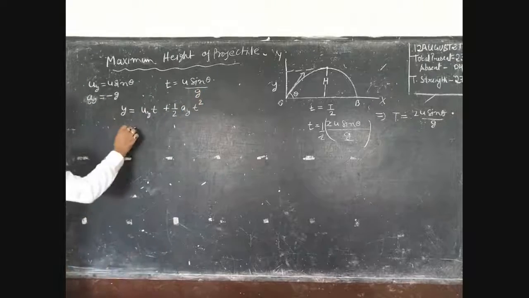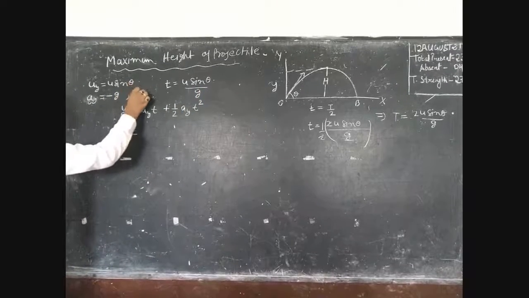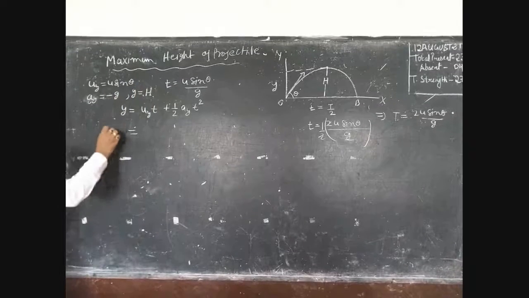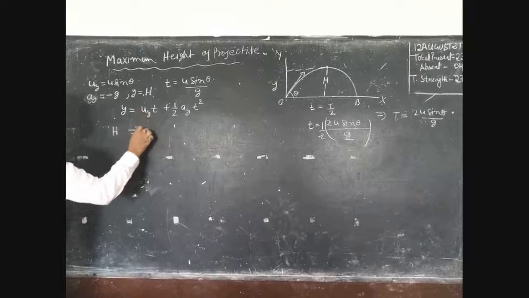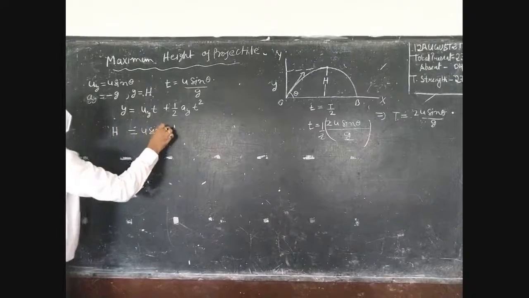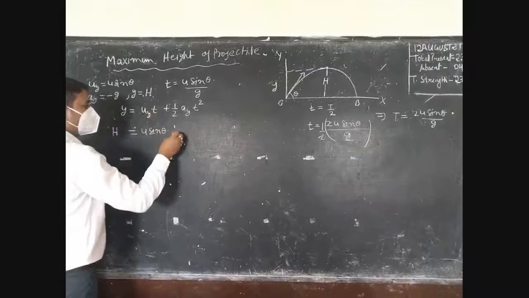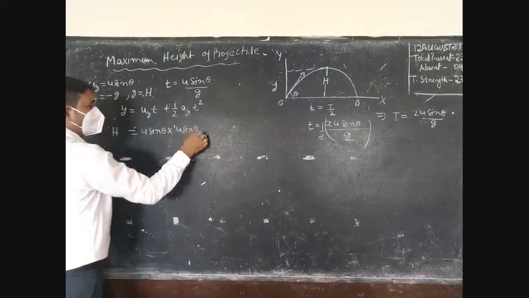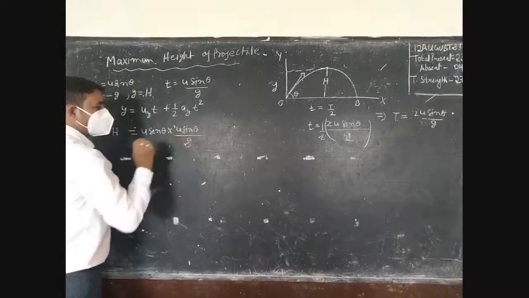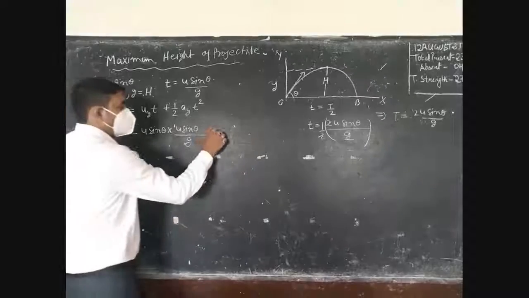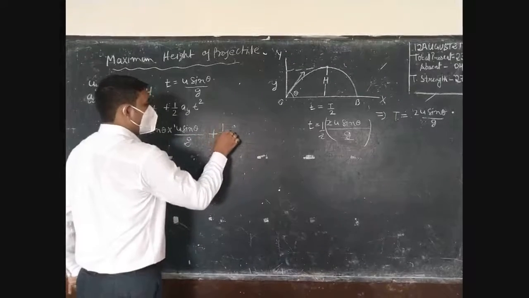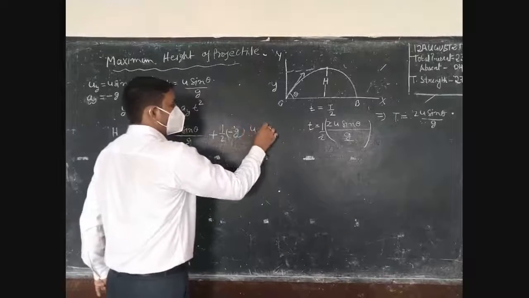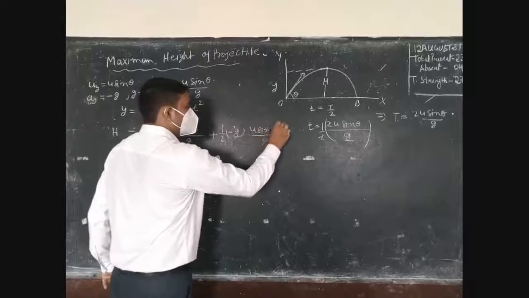Now use all these values, and the value of y is equal to h. Clear? So h is equal to u sin theta into the value of t, which is u sin theta upon g, plus half minus g, and the value of t is u sin theta upon g, squared.